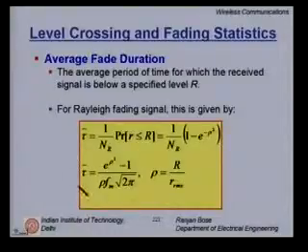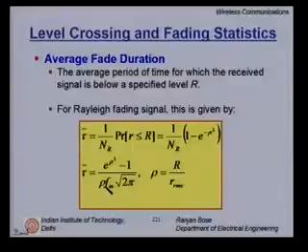So, let us look at it again. Clearly, it is a very strong function of rho, e raised to rho squared. So, if rho is greater than 1, this 1 is usually neglected. So, in the numerator you have e raised to rho squared.